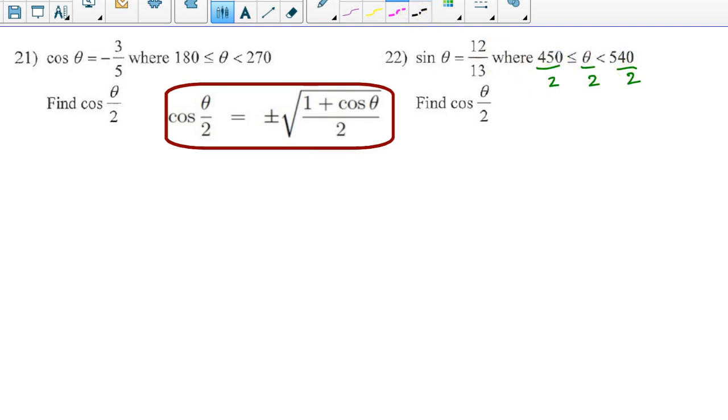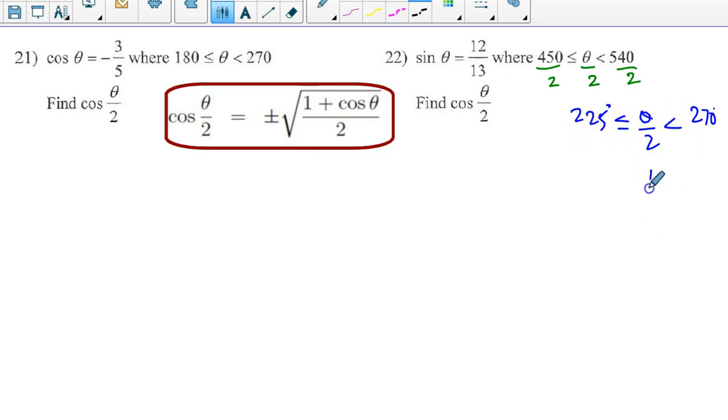So what is 450 divided by 2? That gives you 225 degrees, less than or equal to theta over 2, that is less than half of 540, which is how much? 270 degrees, right? So this angle theta over 2 lies between 225 and 270.